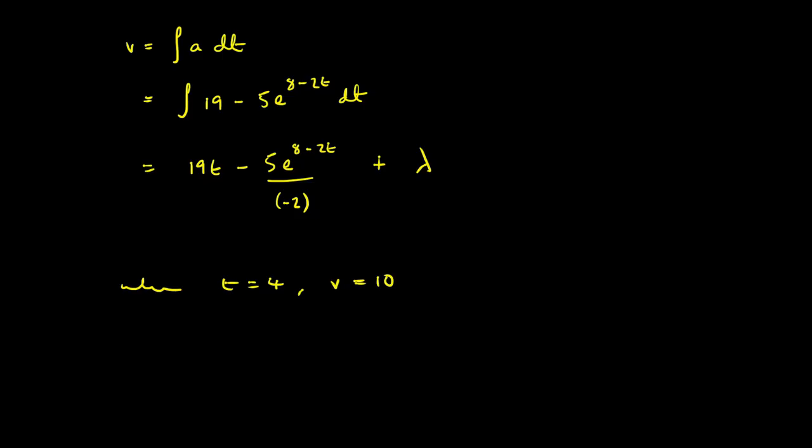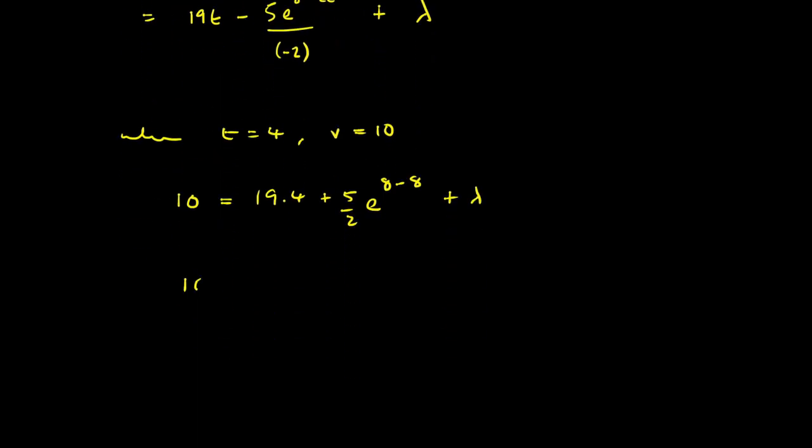So we can now apply this and say 10 is equal to 19 times 4 plus 5 upon 2 e to the power of 8 minus 8, plus lambda. And so we've got 10 is equal to 19 times 4, which is 76, plus 5 upon 2 times 1, because e to the power of 0 is 1, plus lambda.